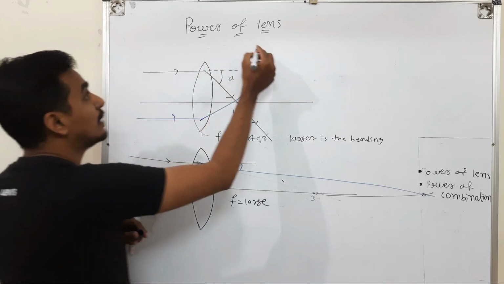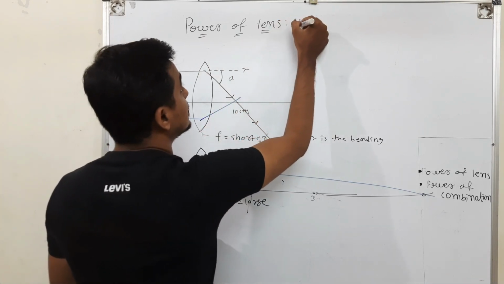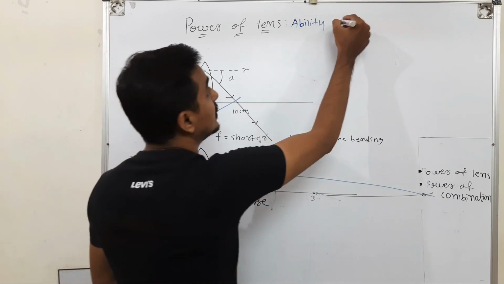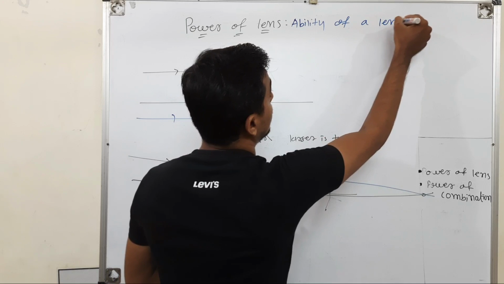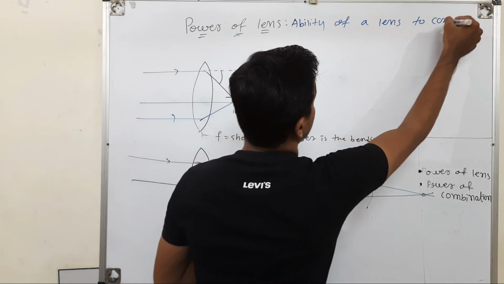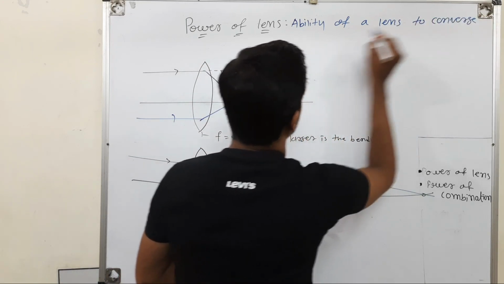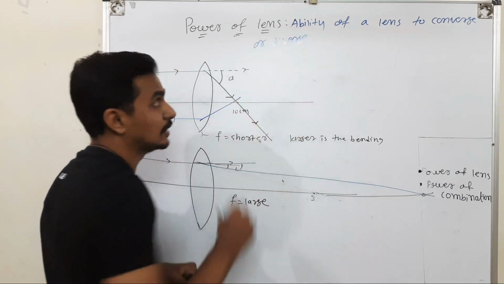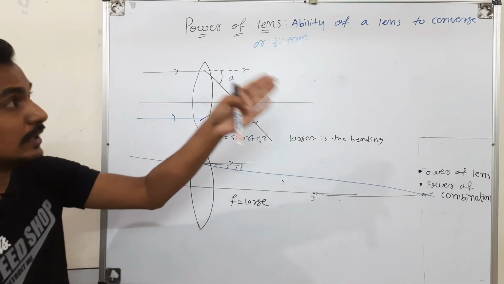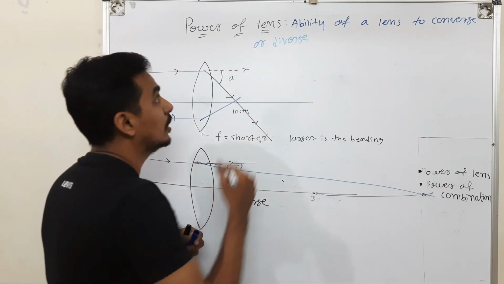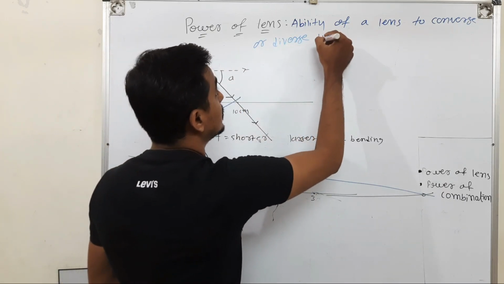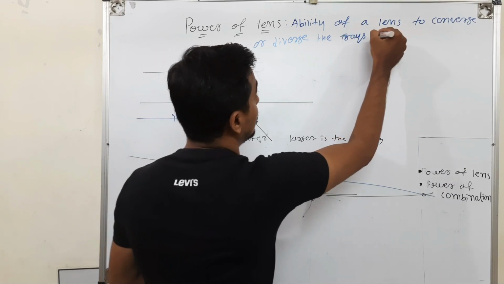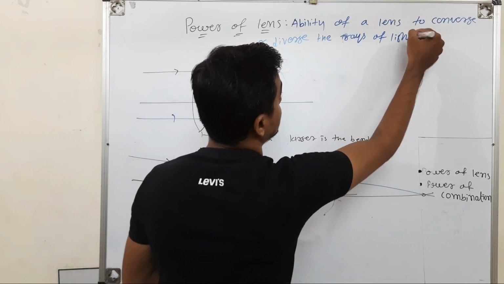So, what is power of lens? It is the ability of a lens to converge or diverge the rays of light.